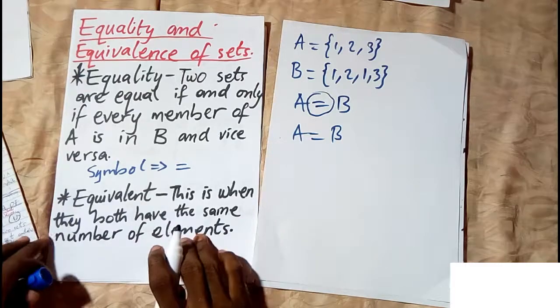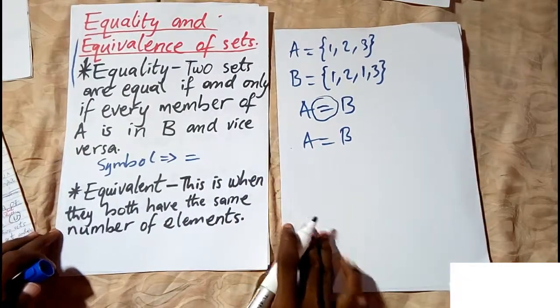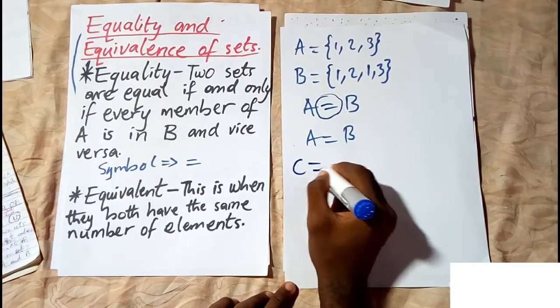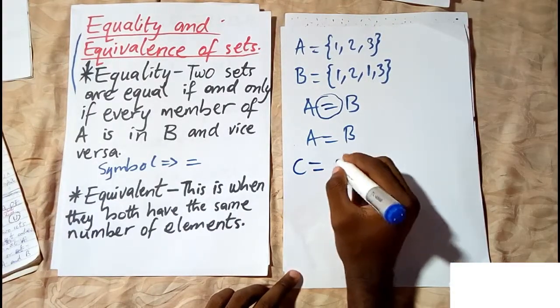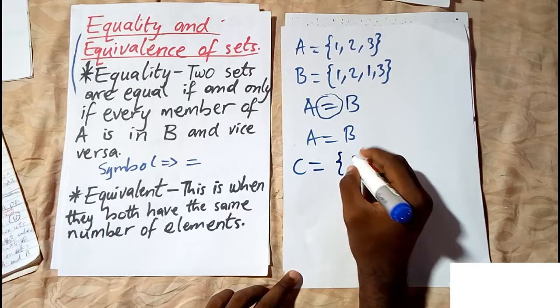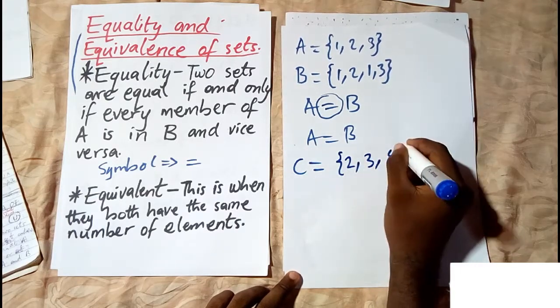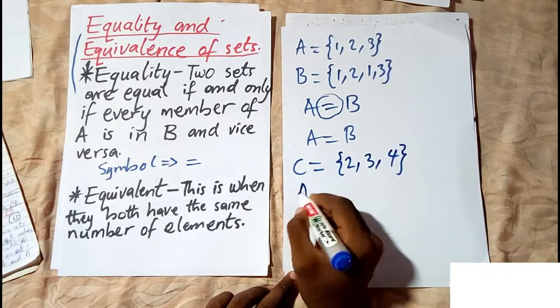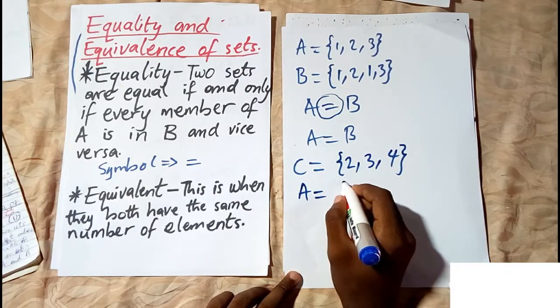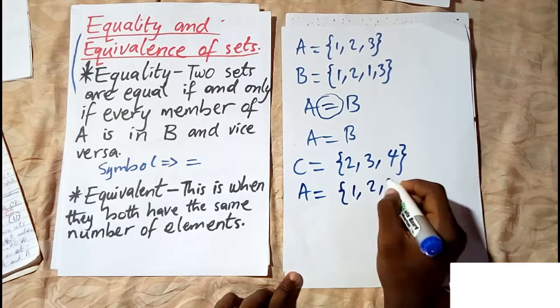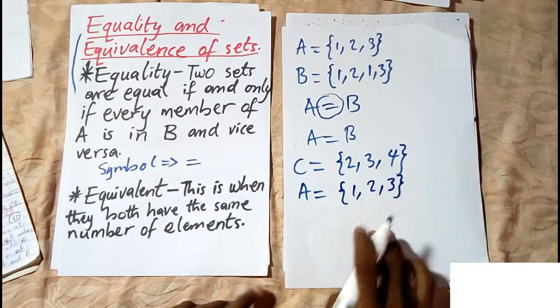Now, they are equivalent when, let's take another two sets. C equal to {2, 3, 4}, and set A equal to {1, 2, 3}.